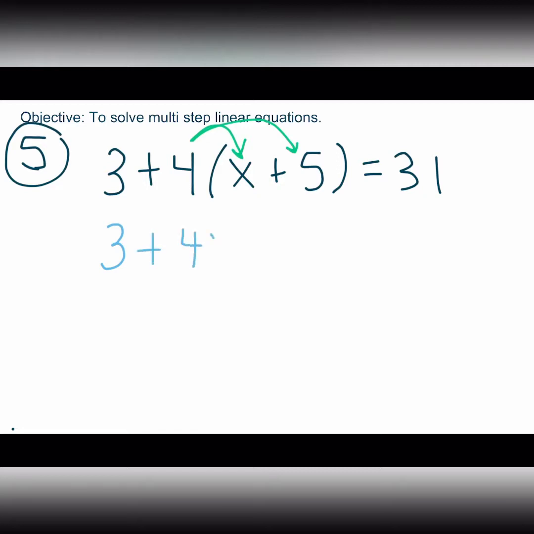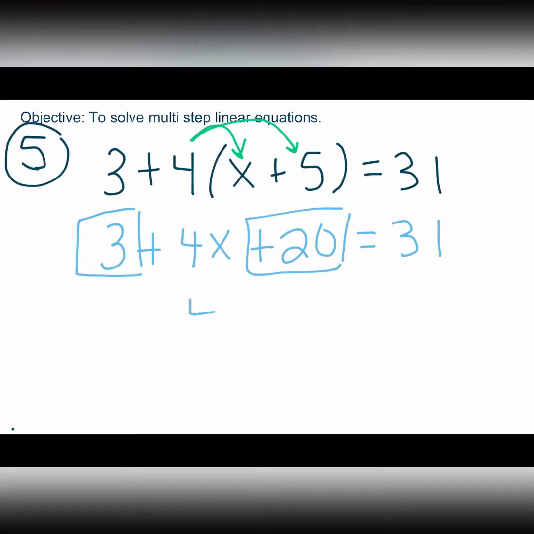Plus 4x plus 20 equals 31. Okay, now my like terms here are my constant terms, so just the numbers. So I have 3 and 20. So we have 4x plus 23 equals 31.